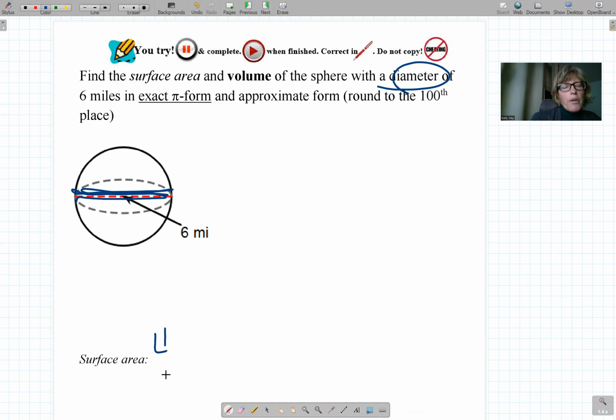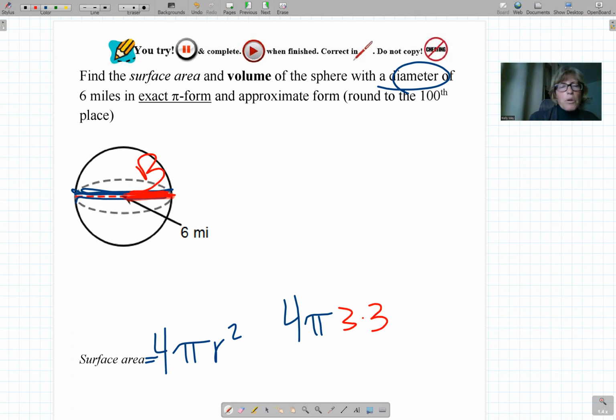Surface area equals 4 pi r squared. 4 pi, not 6, of course. Pick up the radius. Always physically trace that radius. Right here, our radius is 3, so 3 times 3.